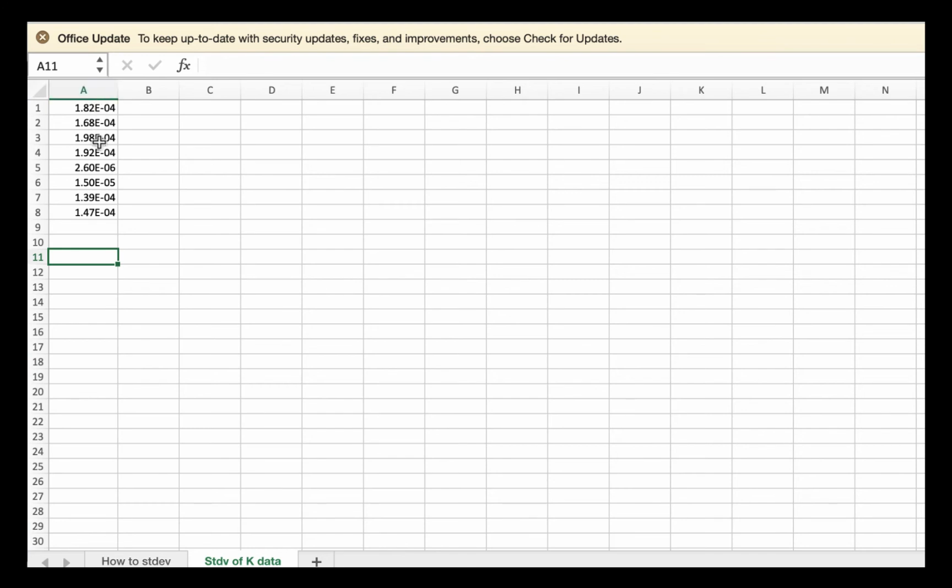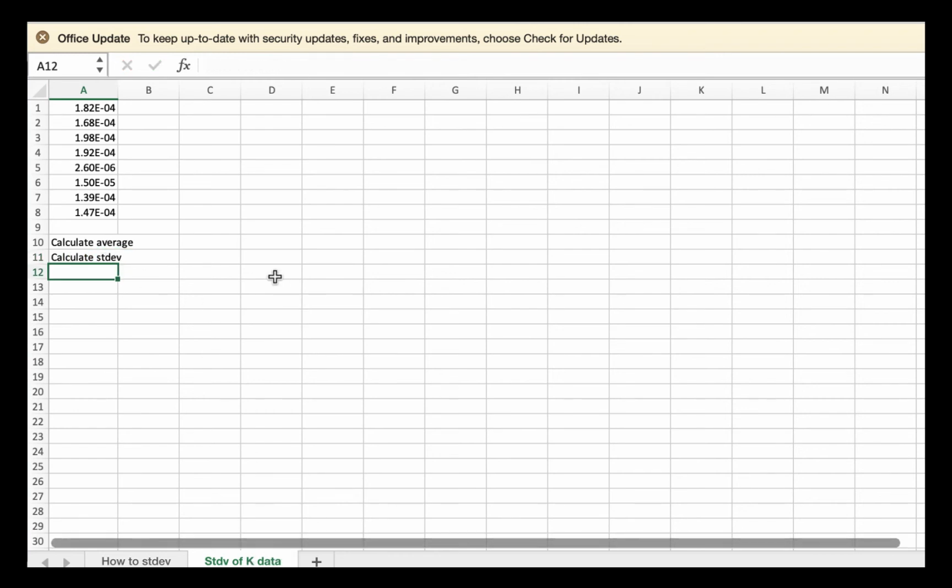So these first 4 were all 1 year, and then these 2 were from another year, and then each of these were from 2 different years as well. So anyway, let's just go ahead and calculate the average and calculate the standard deviation. For both of these, you can go ahead and pause the video and calculate the average and standard deviation.